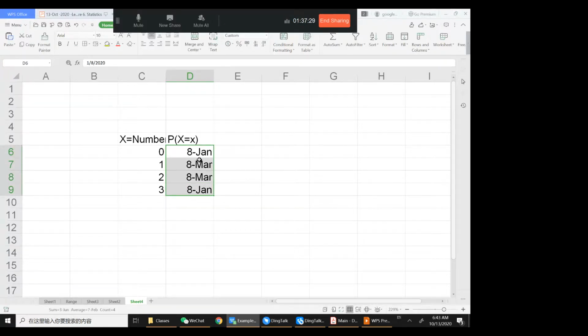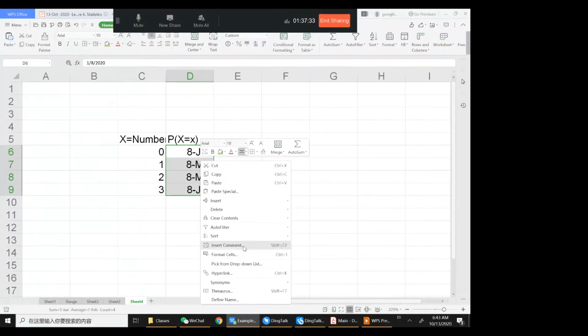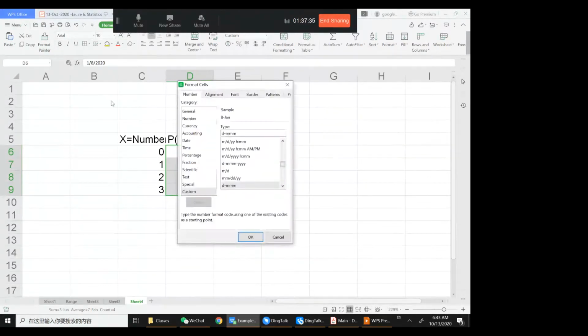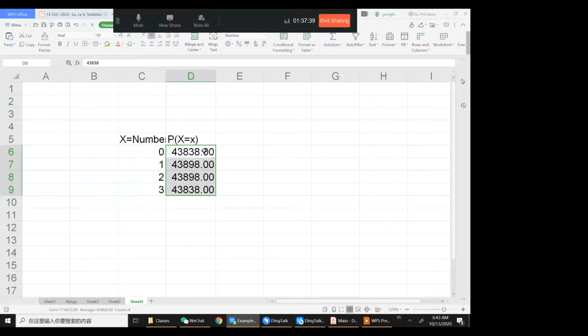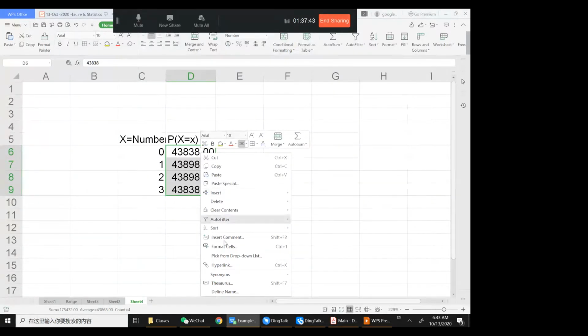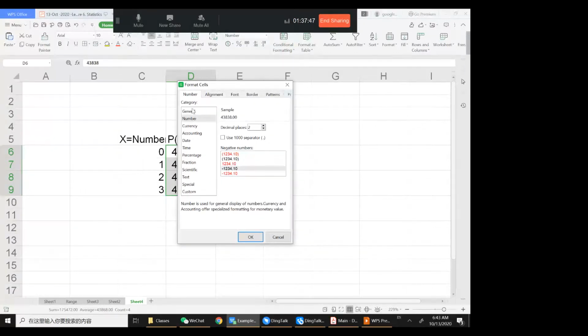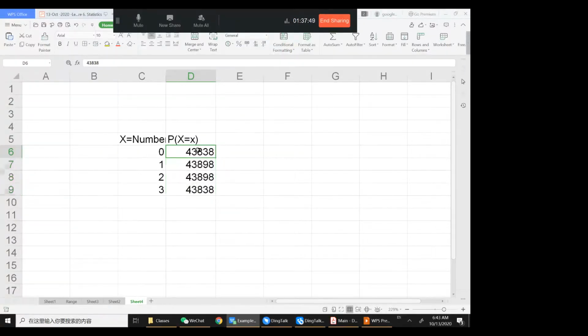Oh, it's giving me a date. So what can I do? If you have this kind of problem anytime, just go to format cell and change it into numbers. Not numbers, format cell, and general. So now I write 1 by 3.